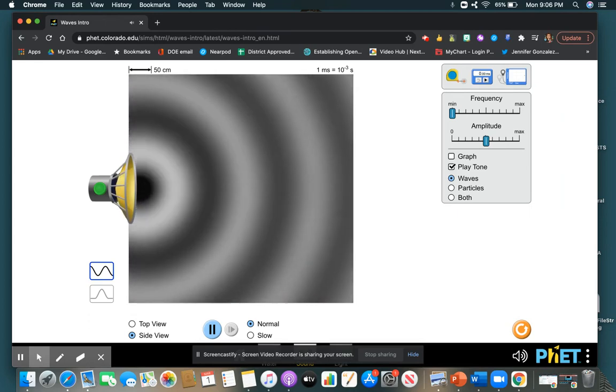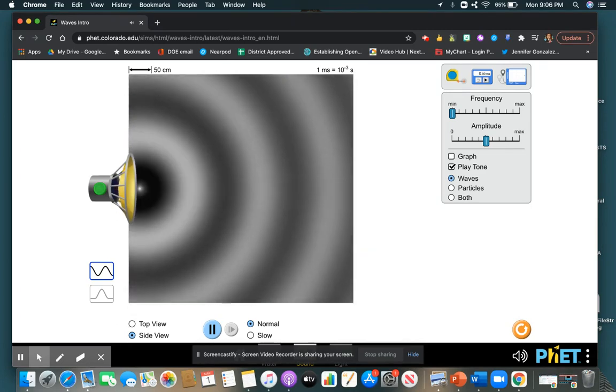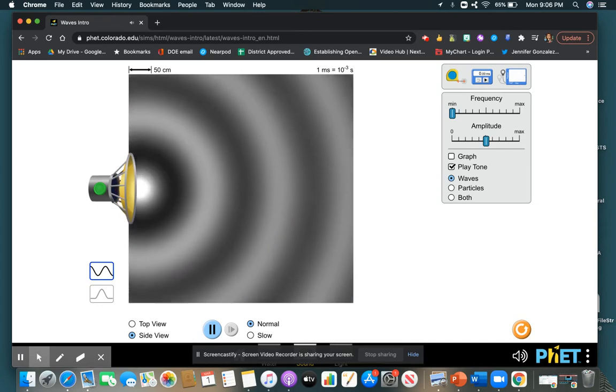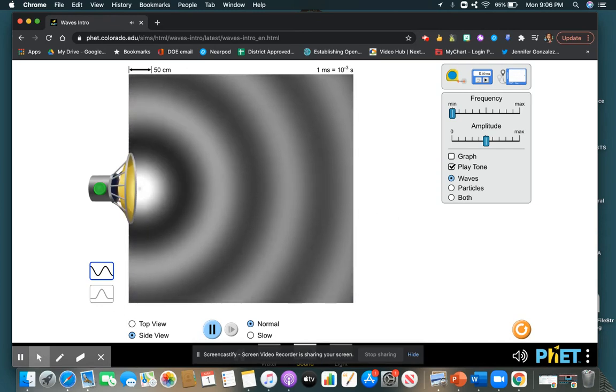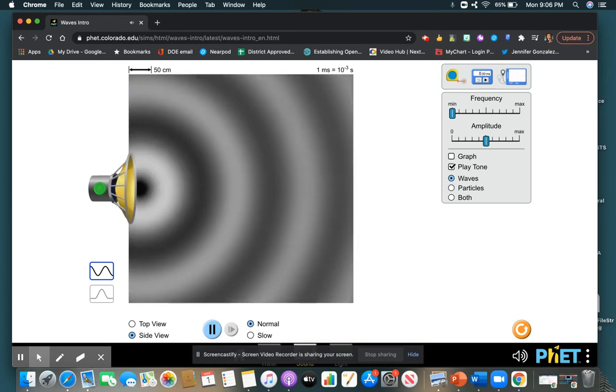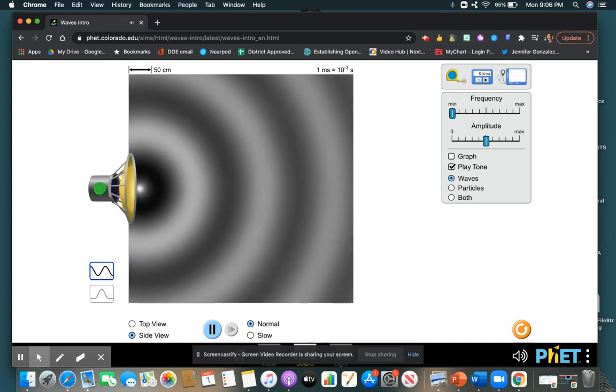So when we think about frequency in sound, we may just have to take a listen. Do you hear the tone that's coming out of the speaker right now? It's a pretty low pitch, right? It's not high pitched like a squeal or a squeak. It doesn't really sound like that baby otter at all.